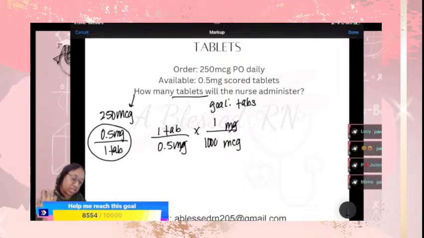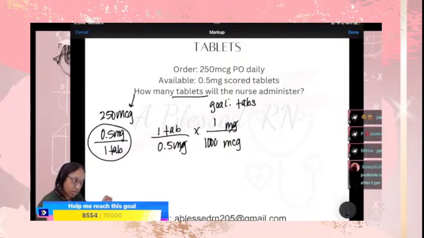So just think of it as the biggest unit will have the 1 by it. So you need 1,000 little crumbs to have one big cookie. Okay, so you need 1,000 micrograms crumbs to make 1 big milligram.